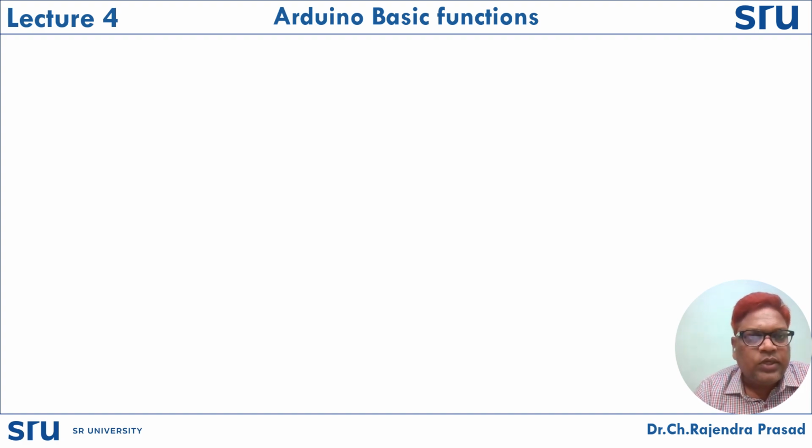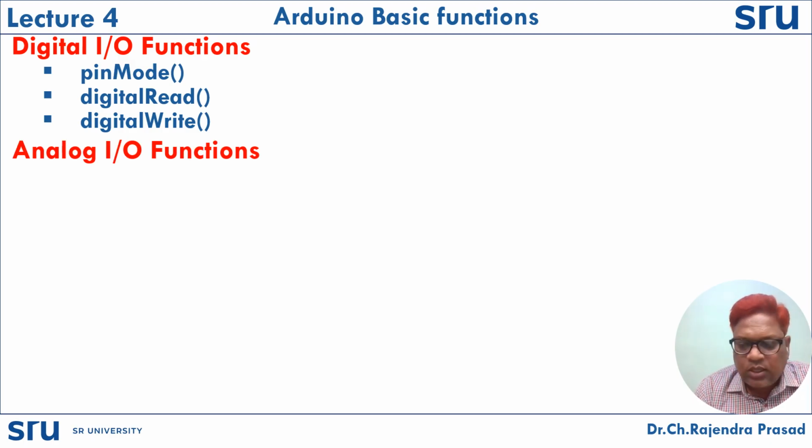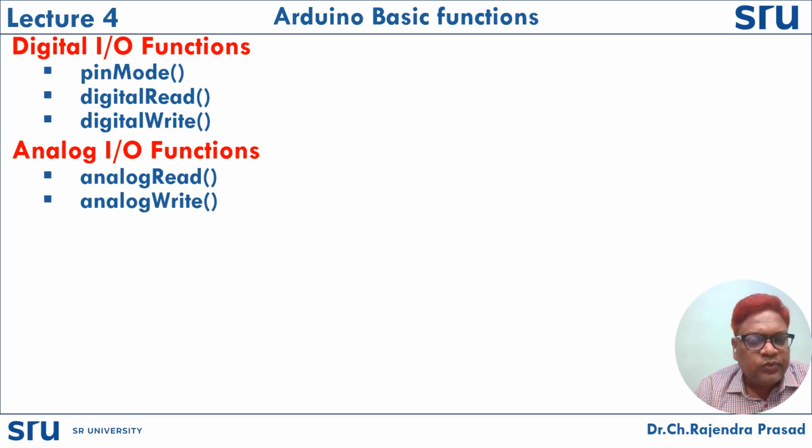The Arduino software supports several inbuilt basic functions. So let us see one by one. It supports basically four basic functions. They include digital I/O functions. Under digital I/O, there are three functions available. They are pinMode, digitalRead, digitalWrite, and then under analog I/O function, there are two functions available: analogRead and analogWrite.